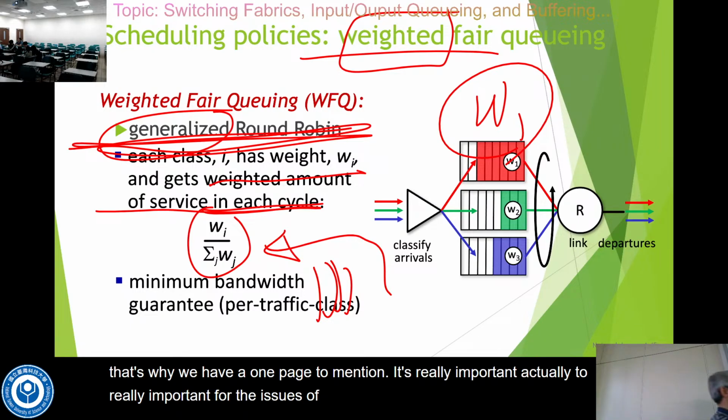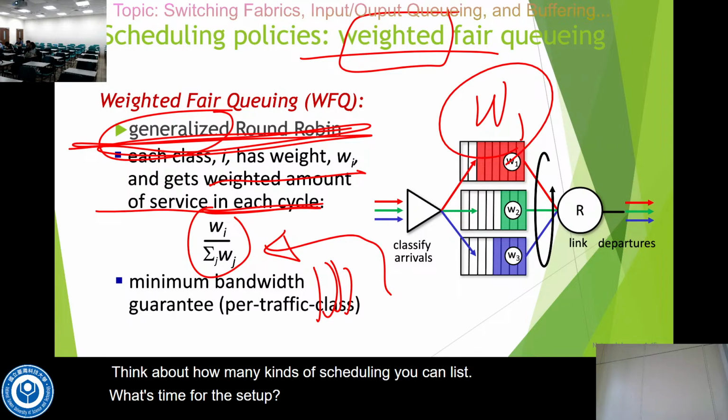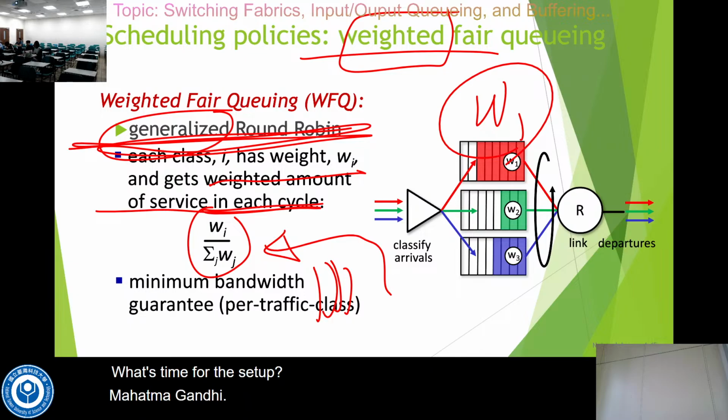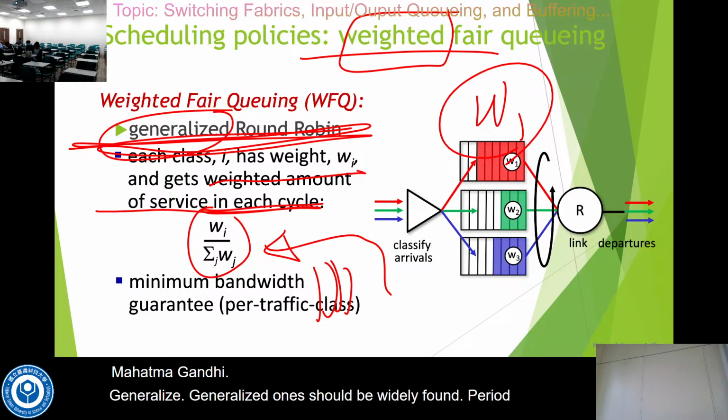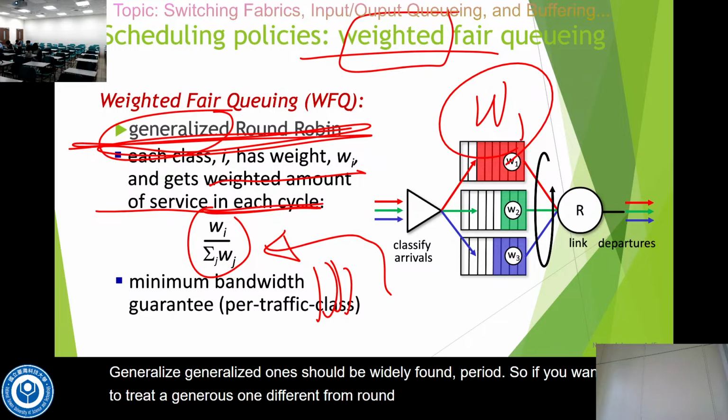Well, about scheduling, up to now, think about how many kinds of scheduling you can list. First come, first serve. Priority. Round robin. The generalized one should be weighted fair queuing. If we treat the generalized one as different from round robin, then at this moment we already have 4 types of scheduling.